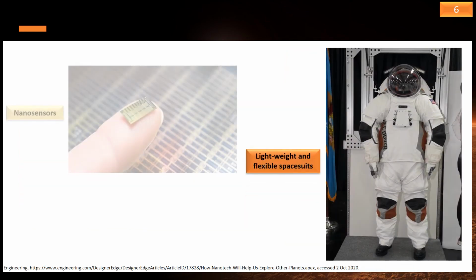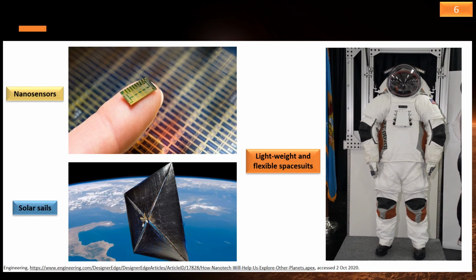But more realistically, what we're looking at is lightweight and flexible spacesuits, as well as smaller and lighter nanosensors to put on satellites or Mars rovers, and also solar sails that act as a sail in space that catches solar energy, which then propels it to other planets or maybe even other galaxies someday in the future.